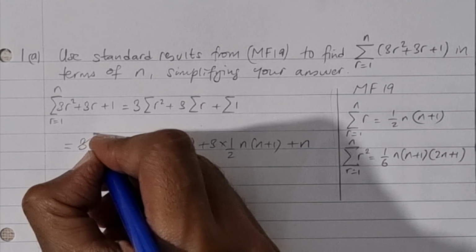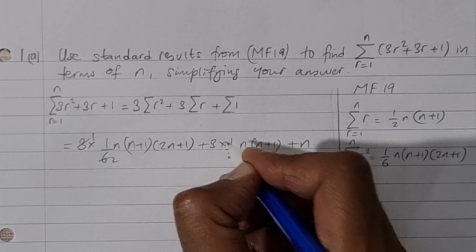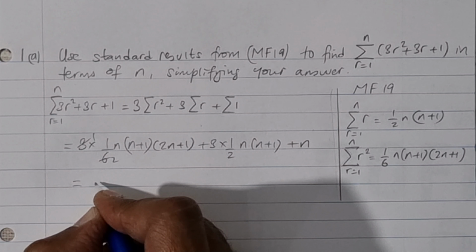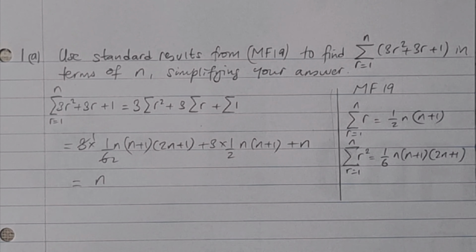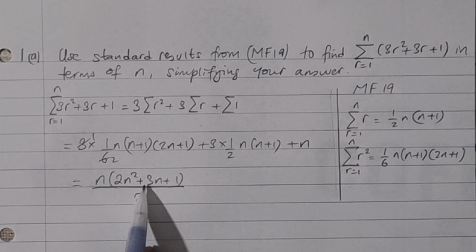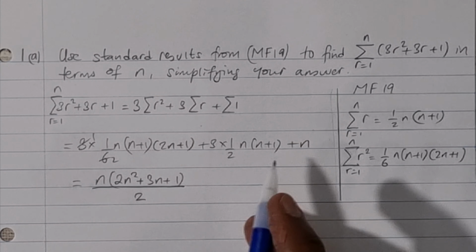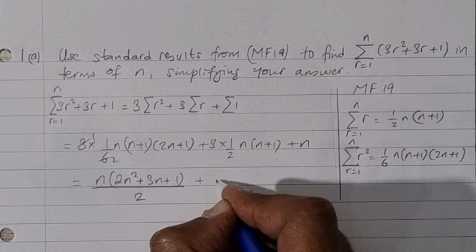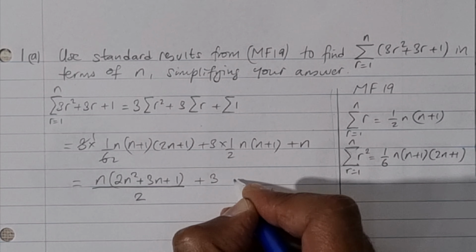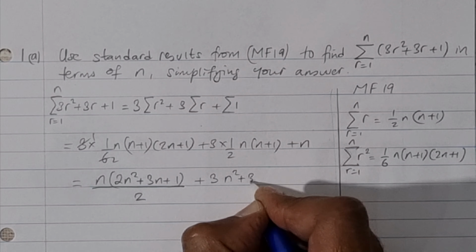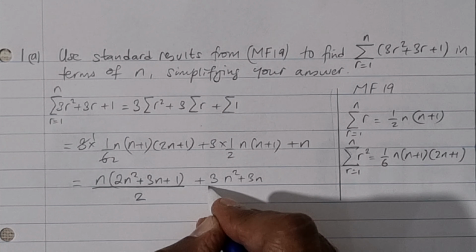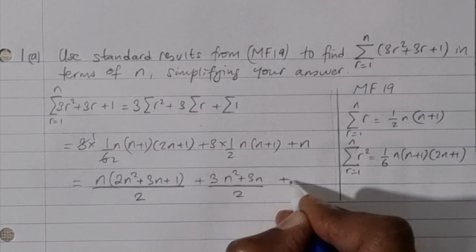Right, so the 3n can go here, and I have then n into, if I were to expand this, I'm going to get n into 2n squared plus 3n plus 1 over 2, and expanding over here, I'm going to get 3 into n squared plus 3n, and all of that divided by 2 plus the n.